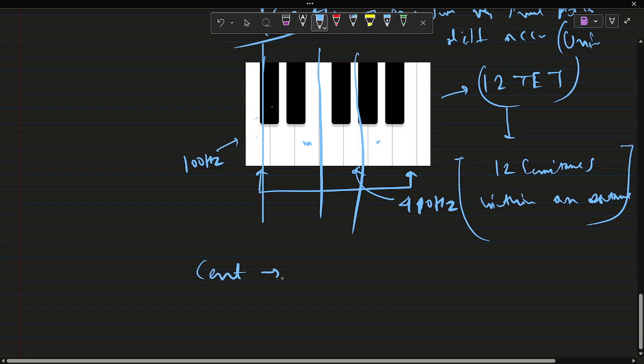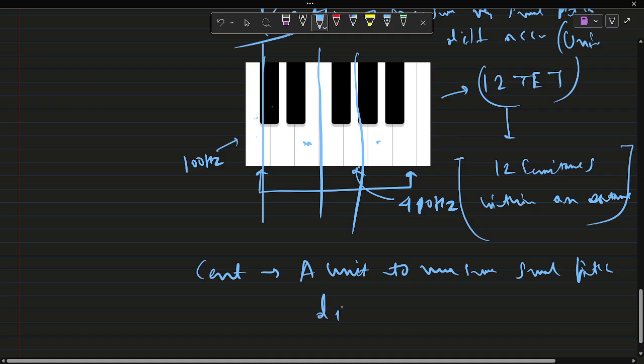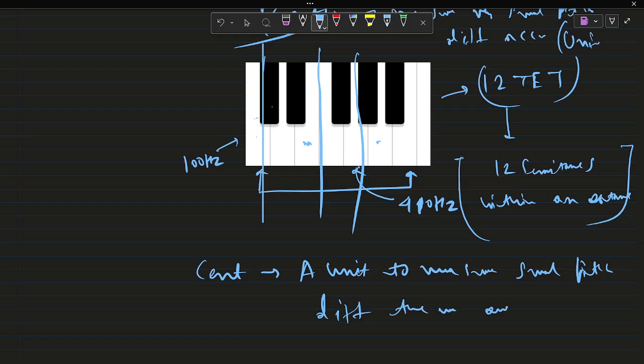So cent is nothing but a unit to measure small pitch differences in the way our ear hears it.